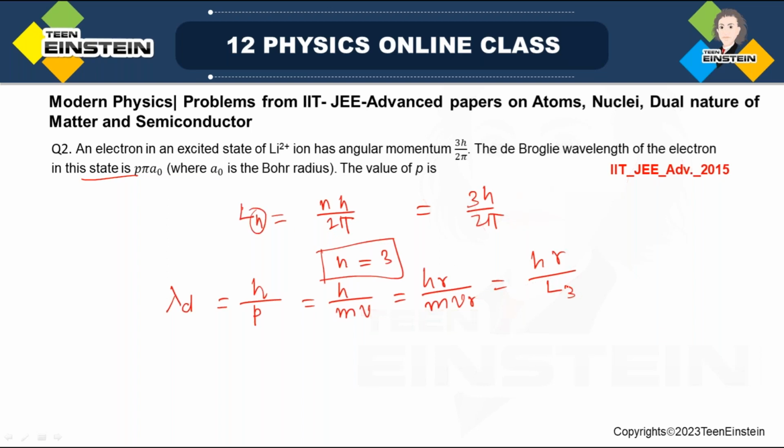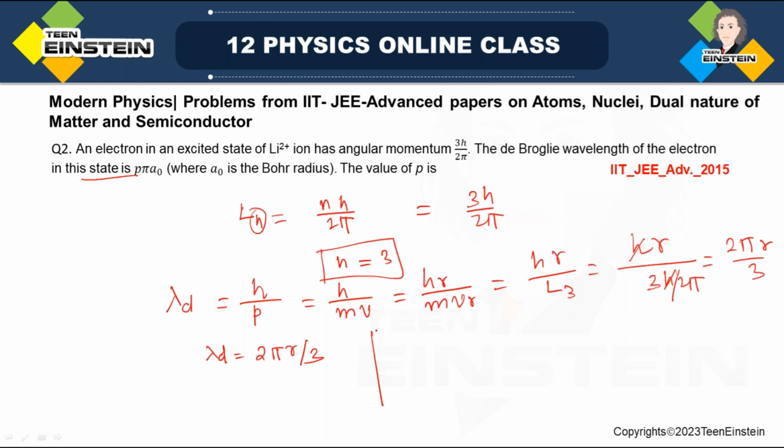So here it is in the third orbit, the second excited state. So L3 is given as 3h by 2 pi, and r is the radius of that particular orbit. Then we can just strike this out. So 2 pi r by 3. This will be the de Broglie wavelength. So we have got lambda d is equal to 2 pi r by 3.